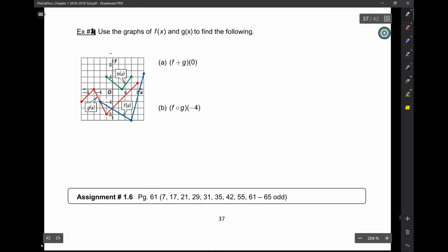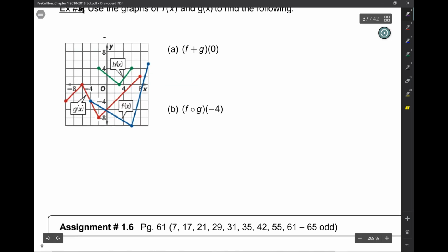Okay, so look at this one. This is a little bit of a puzzle. Look at what this graph is showing you. You've got f of x in the blue, and I know on yours you just have to go with the labels, it's not colored. You've got g of x in the red and h of x here. Now, I want here f plus g of 0. Another way of writing that is f of 0 plus g of 0, right?